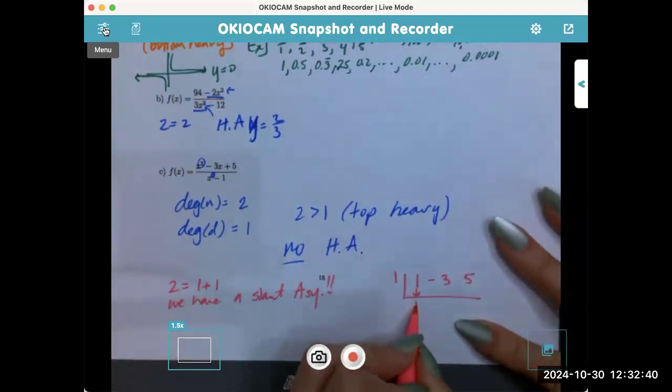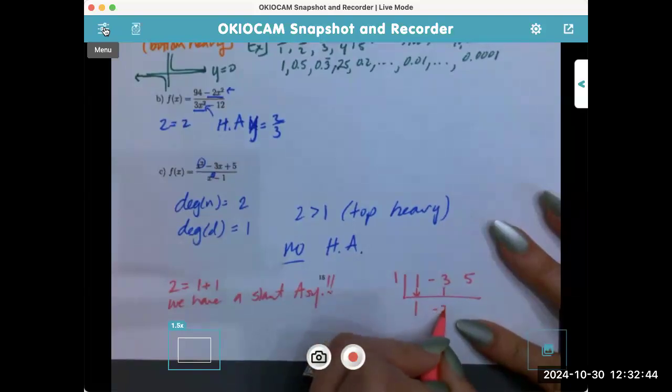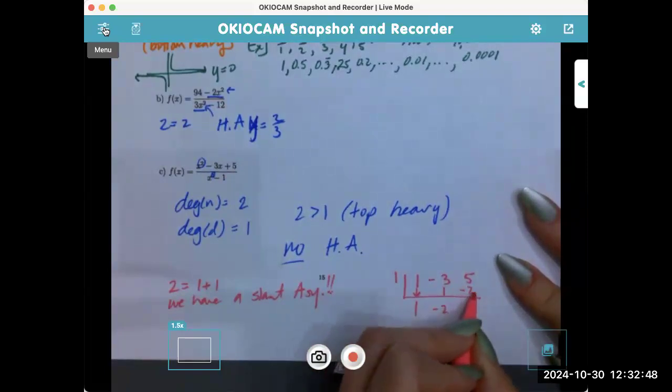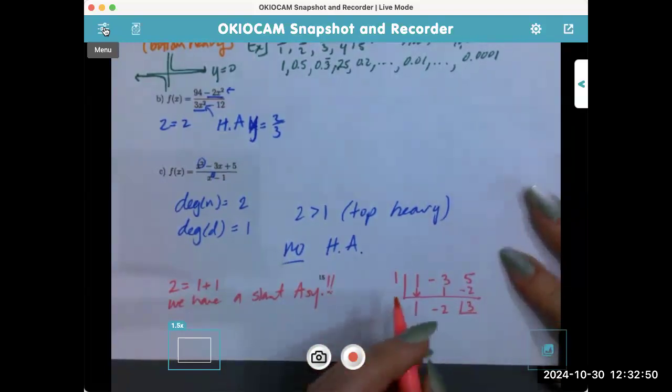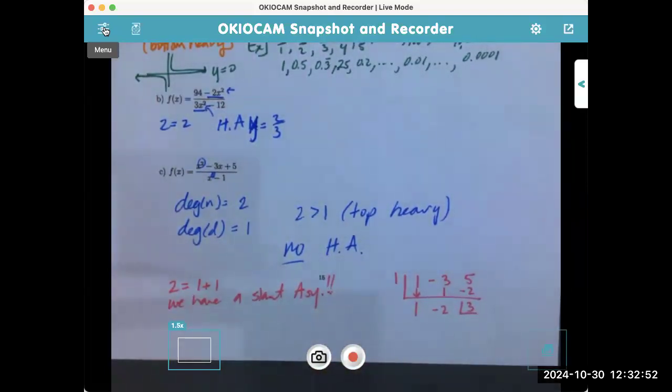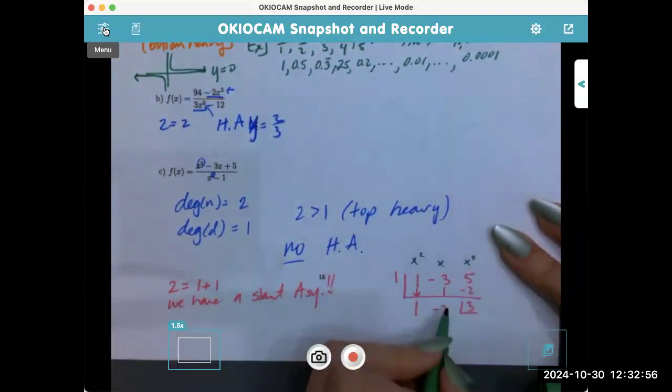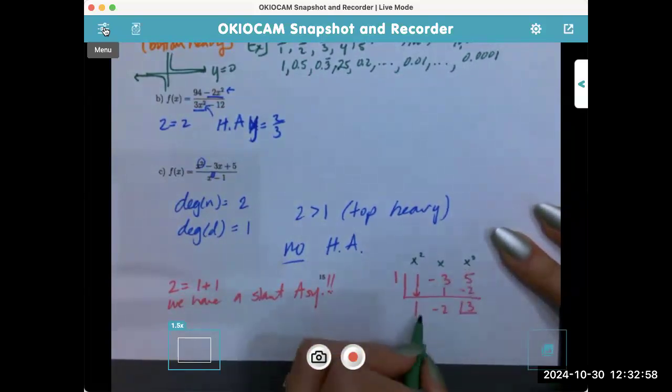Remember, we carry down the first one to get the ball rolling. 1 times 1 is 1. Add down, -2. 1 times -2 is -2. Add down, that's 3. Recall, this is your x squared, your x, your constant. So here's your x, here's your constant, and then this is the remainder.